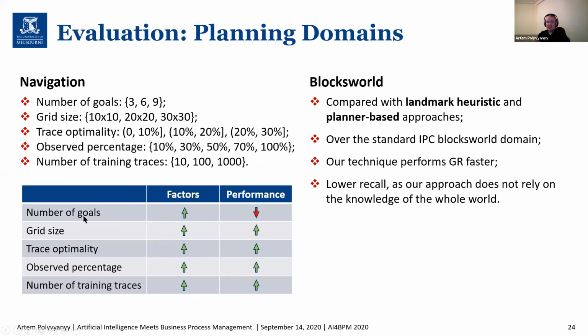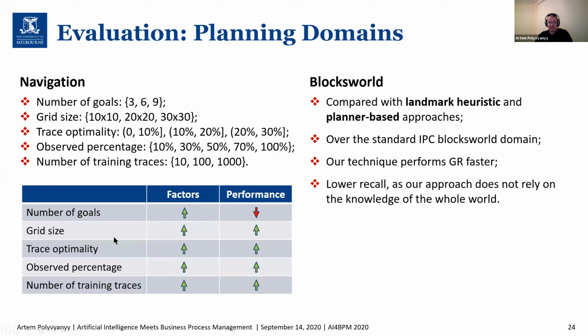So if the number of goals goes up, then performance goes down, right? In the world, the more goals we have, the more congested the world is, and the harder it is to discriminate between different goals.